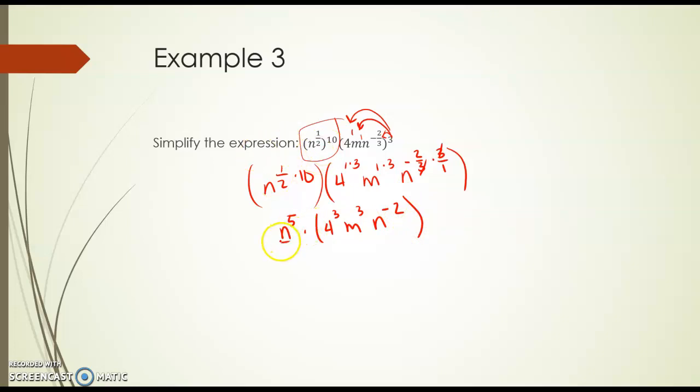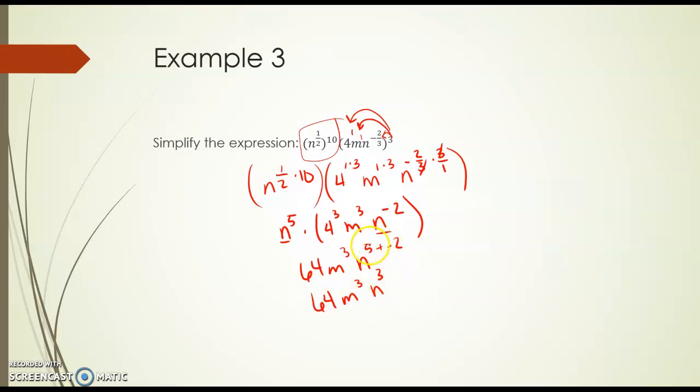Now, we're multiplying and we have same base here, so we're actually going to add those. So now I'm going to take 4 cubed, that's 64, and then we keep the m cubed, and then we're going to have n to the 5 plus a negative 2. And so now we have 64 m cubed n to the 3rd power.